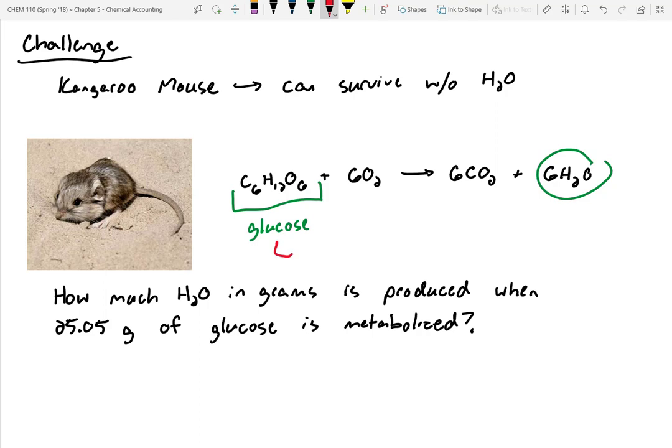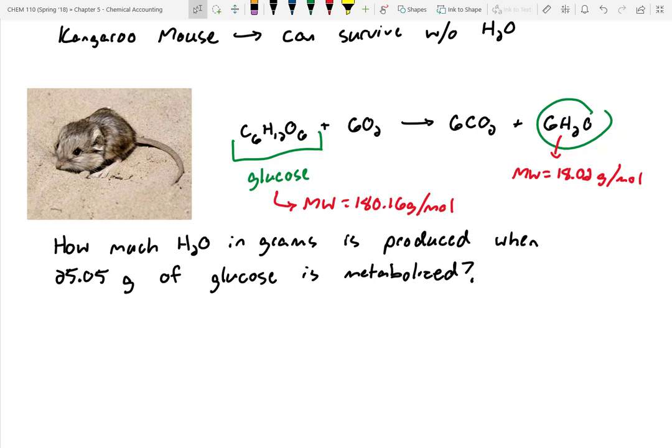And I will give you a hint: the molecular weight for glucose, we did this previously, was 180.16 grams per mole. And we also found the molecular weight of water recently, that was 18.02 grams per mole. So see if you can figure out how much water this kangaroo mouse is metabolizing when they ingest 25.05 grams of glucose.